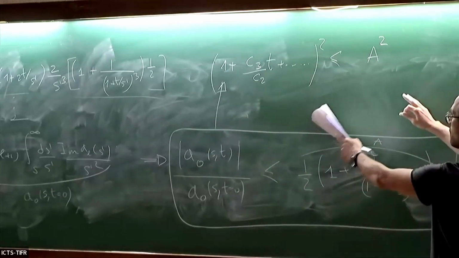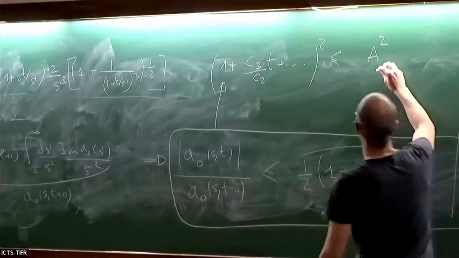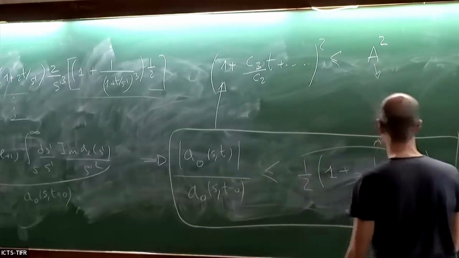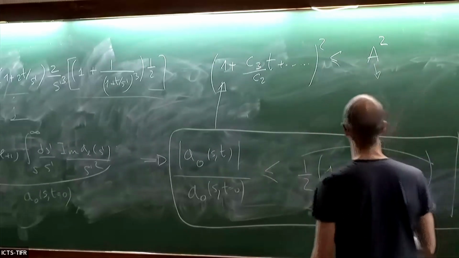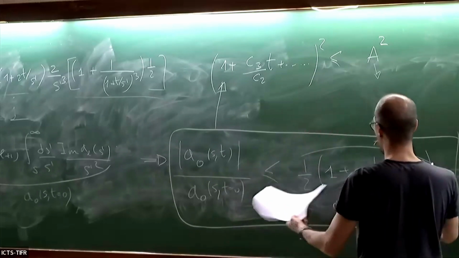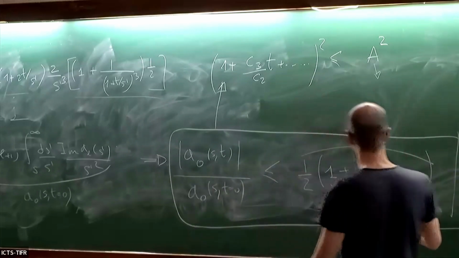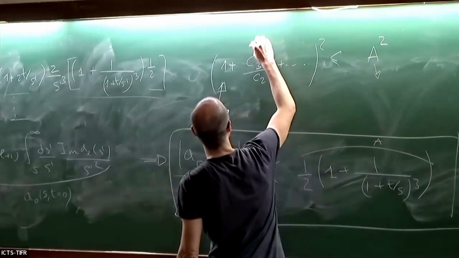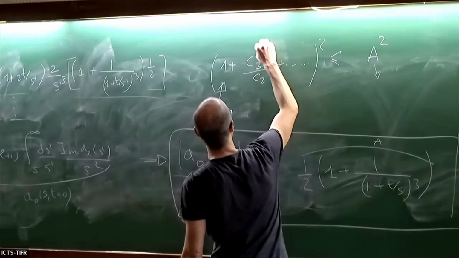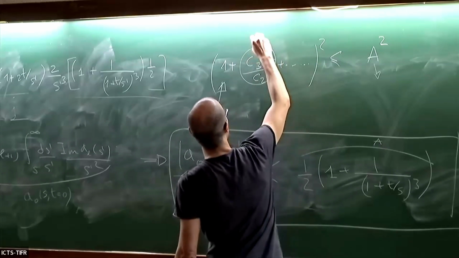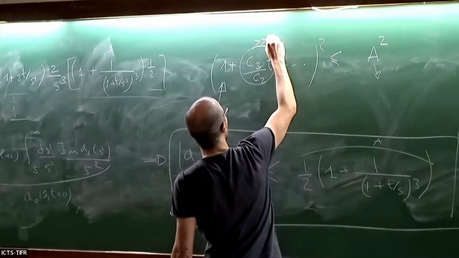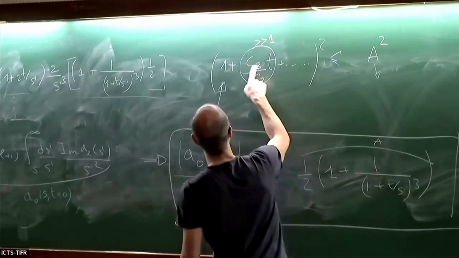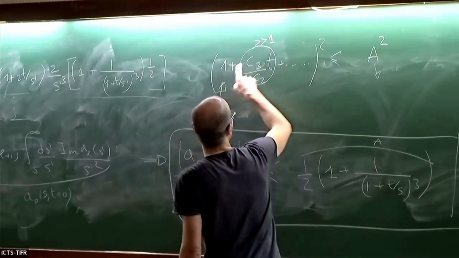This is still an exact inequality. This for t not too far, I mean reasonable t, like minus one half units of s. This is order 1, but by assumption, I wanted the amplitude to be dominated by C3. By assumption, I'm assuming Galilean symmetry was good. So this one dominates over the 1 squared.